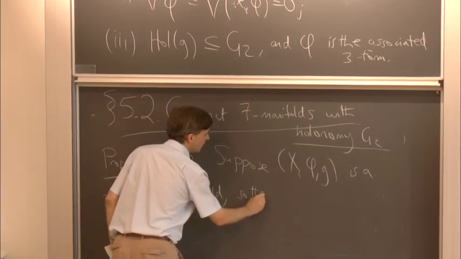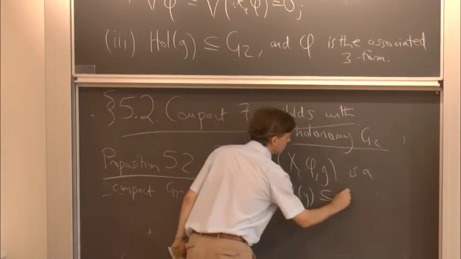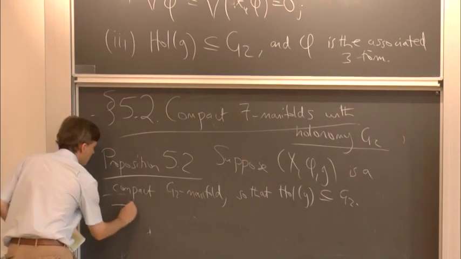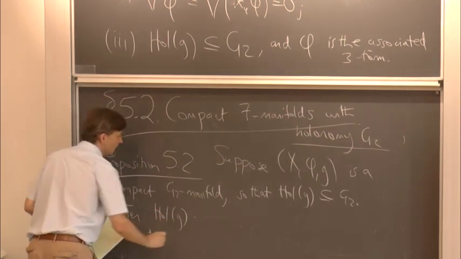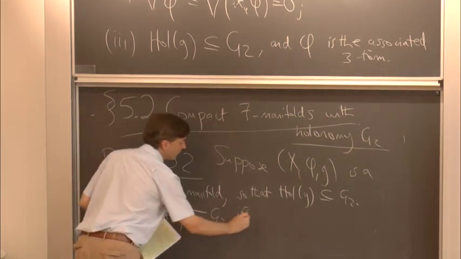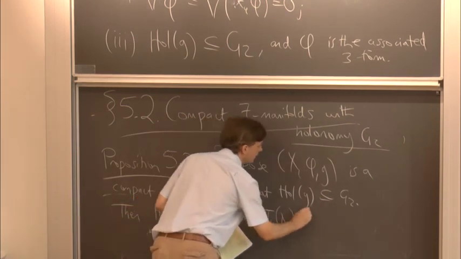The answer is that the holonomy group of g is equal to G2 if and only if the fundamental group of X, pi_1 of X, is finite.